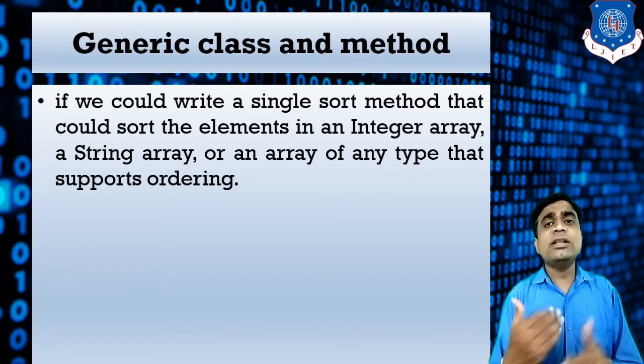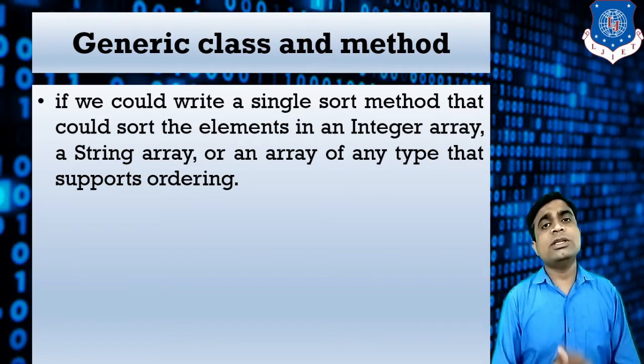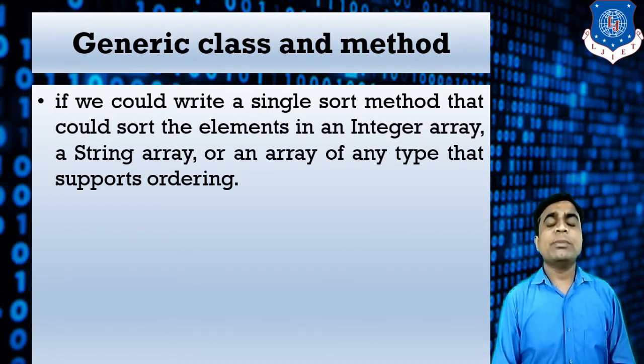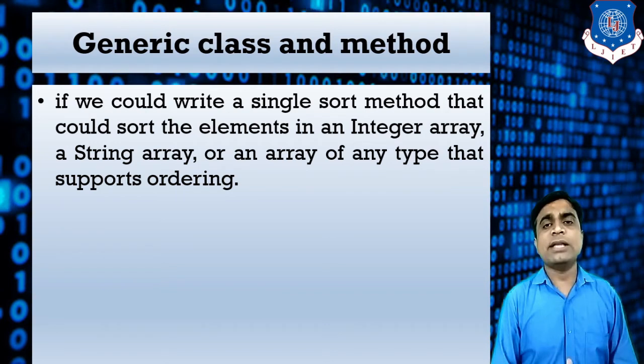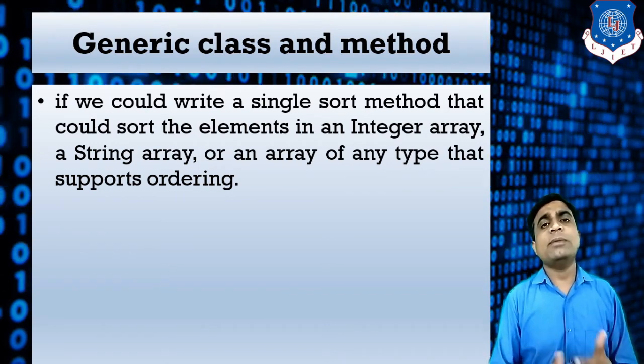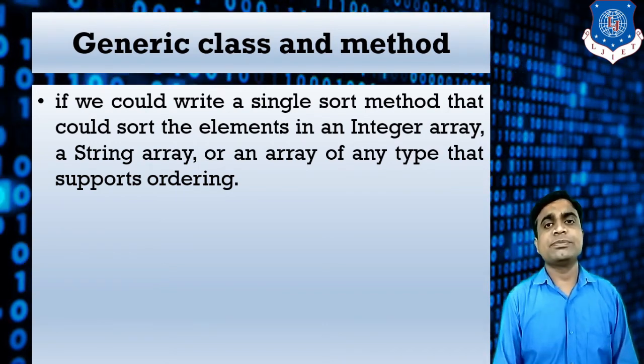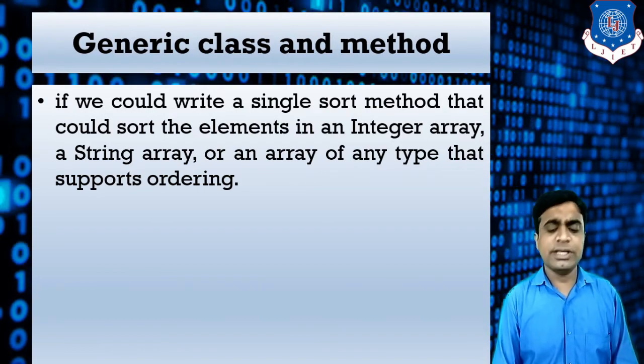You need to create all different methods for the different data types. But if you are using the generic concept, you just create a single method and you can call that method for any data type. That is the advantage of generics.